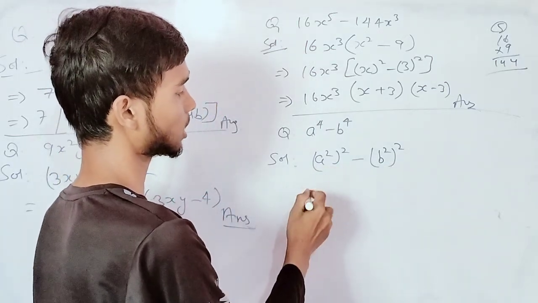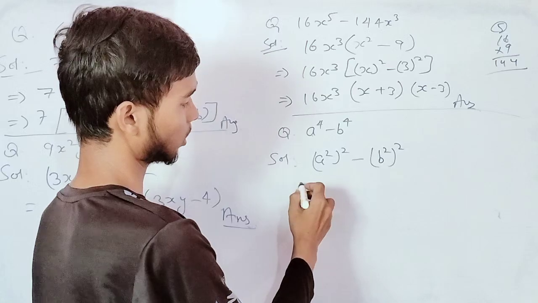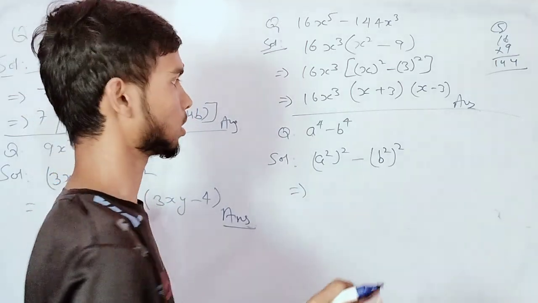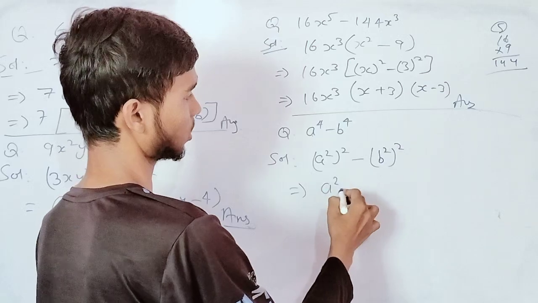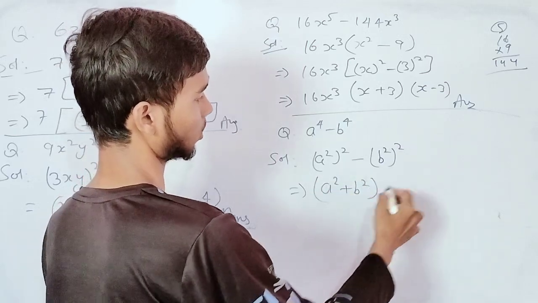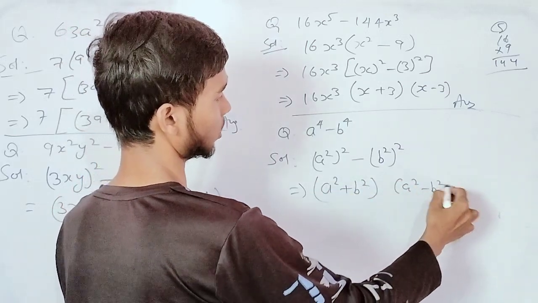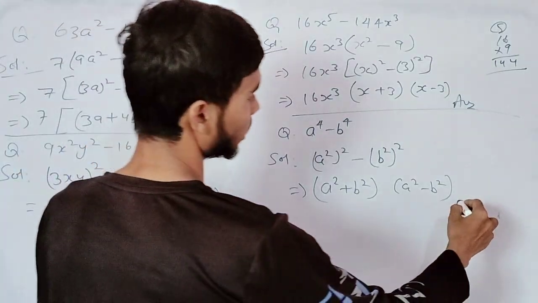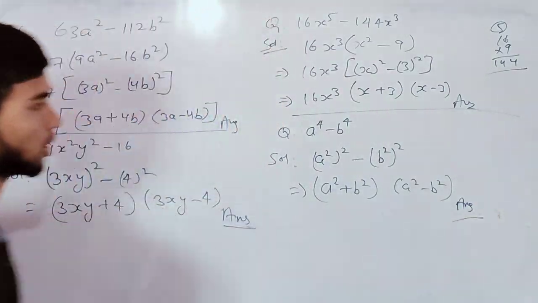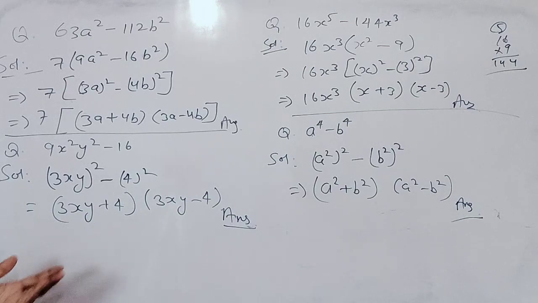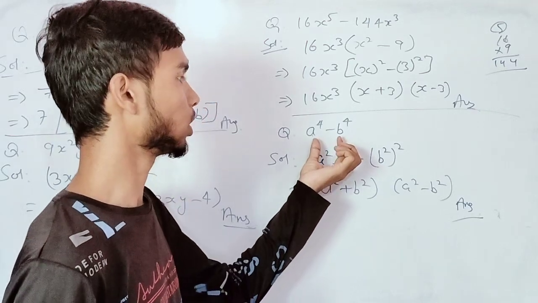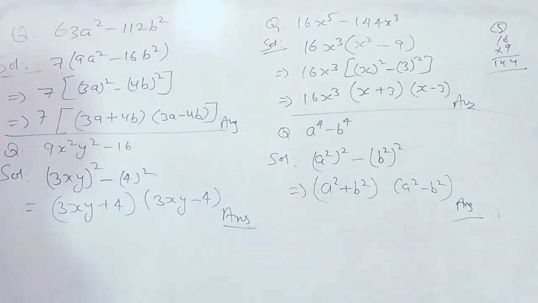Here algebraic identity is coming into picture. Which algebraic identity is it? a square minus b square. So a square plus b square, and a square minus b square. We have applied algebraic identities here. Not till here, it is the correct answer. Further, you can solve it. If you solve it further, then you will get this much. Same.